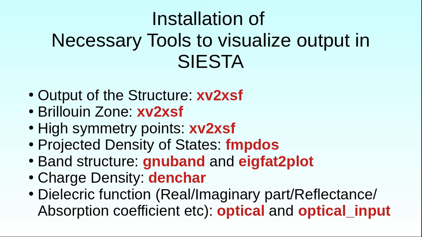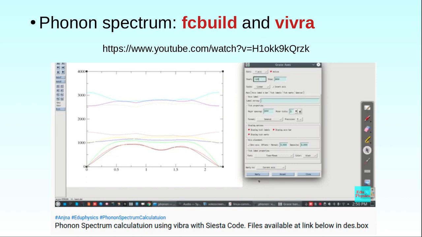Similarly, for band structure, the GNU bands and EIG FAT to plot utilities are used. For charge density plots, we will use the denture utility. For the dielectric function, we will use optical and the optical input executable.